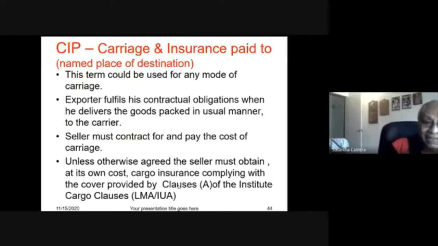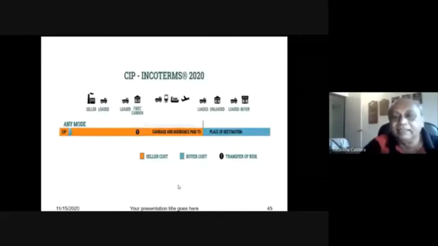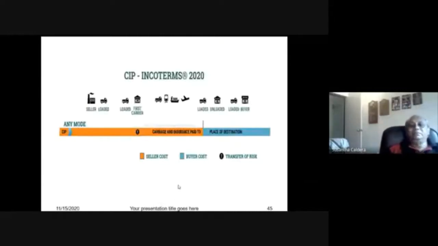When they revised it in January, they put a clause to say that under CIP the insurance cover should be cargo clause A, right? Full risk cover.